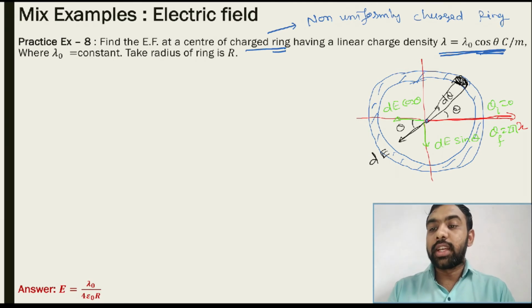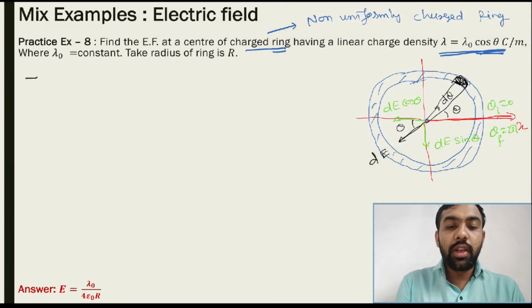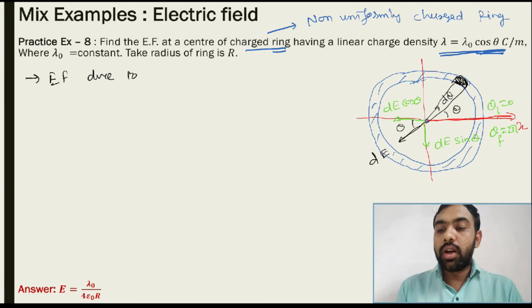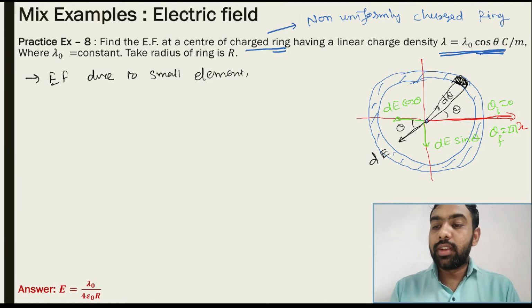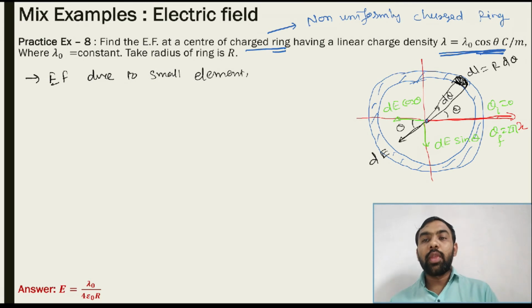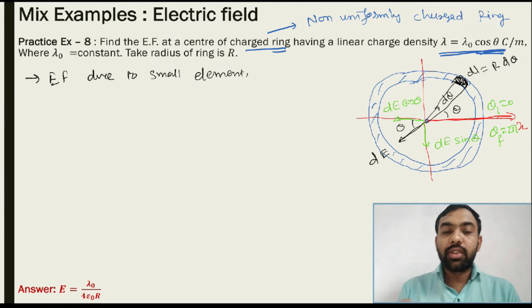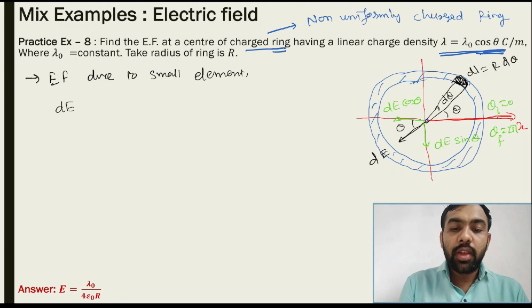First of all, what is dE actually? It is the electric field due to the small element. Its length is dl equal to R d theta, since angle is equal to arc by radius. So dE is equal to k dq upon R square.